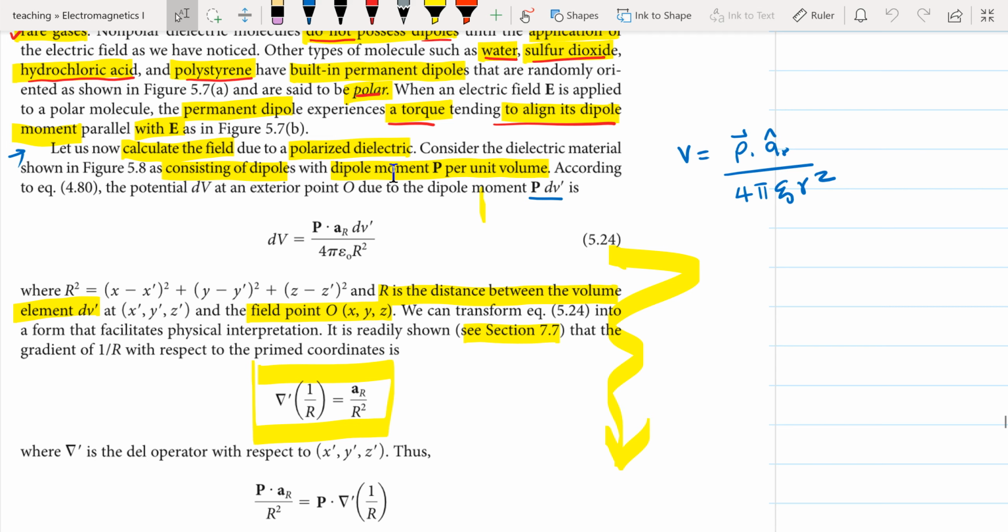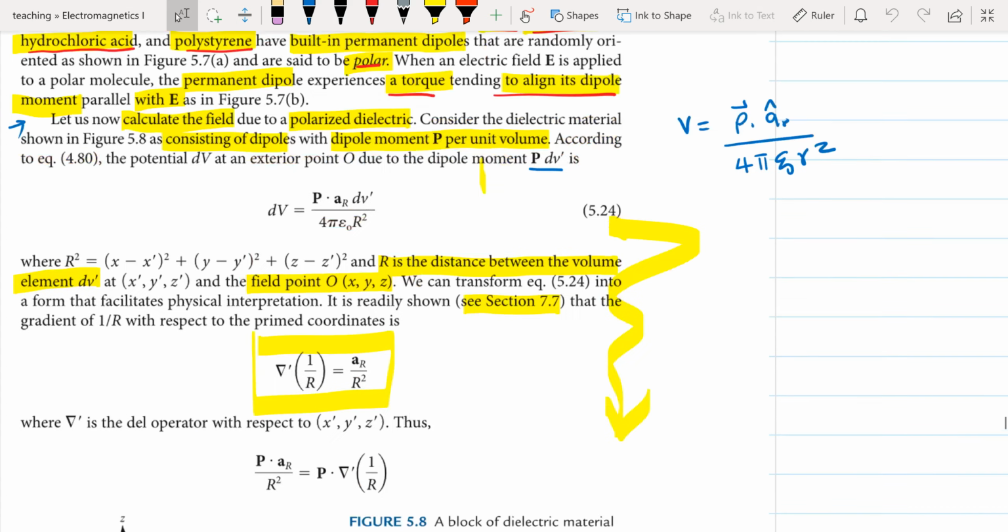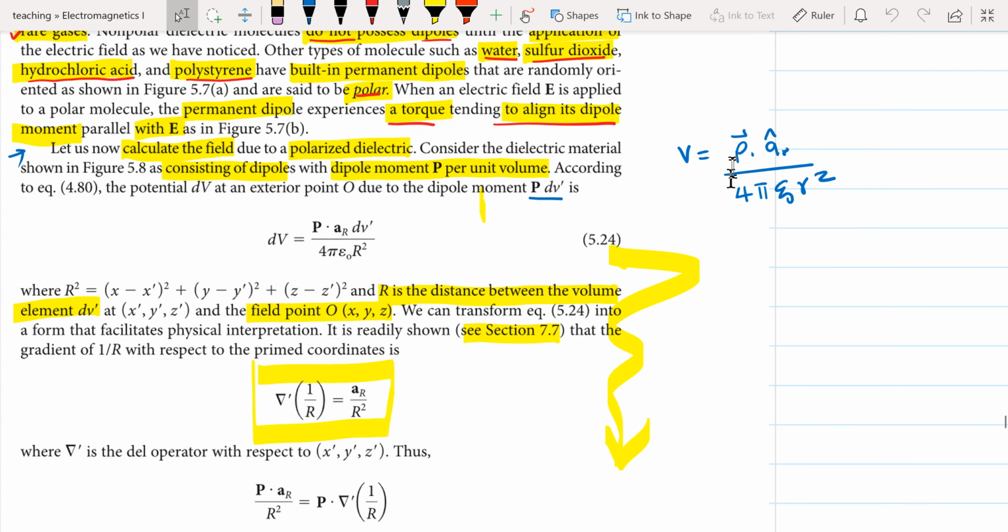According to equation 4.80 that I have just written here, the potential at an exterior point O due to the dipole moment P dV prime, so we are observing the potential at this point due to this elemental volume dV prime, can be expressed as in equation 4.52.